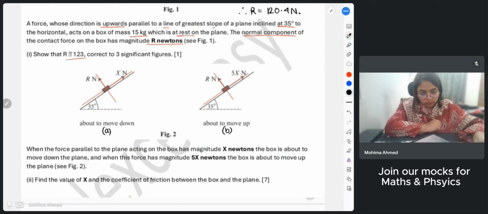For all the cases, the weight is always 15 multiplied with 9.8, right?